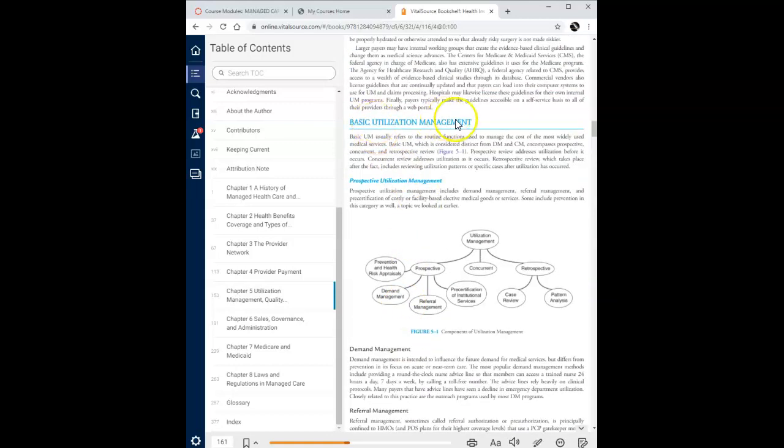We have basic utilization management. So when you look at this, we have concurrent. In here, we have all these wonderful things going on. This concurrent. This is prospective. So this here is what? Prospective, concurrent, retrospective.